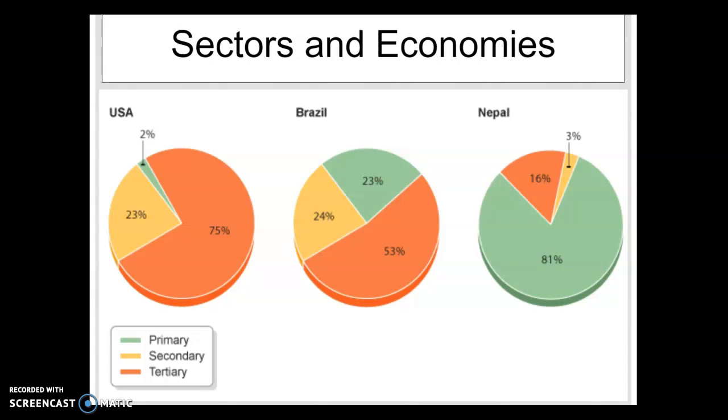In the middle we've got Brazil, so we can see that they have got 24% in their secondary sector and 23% in their primary sector.